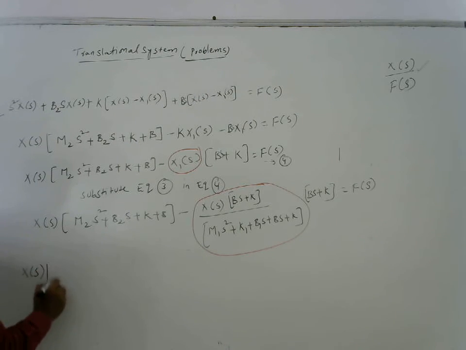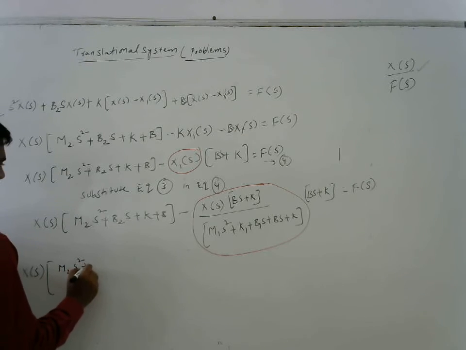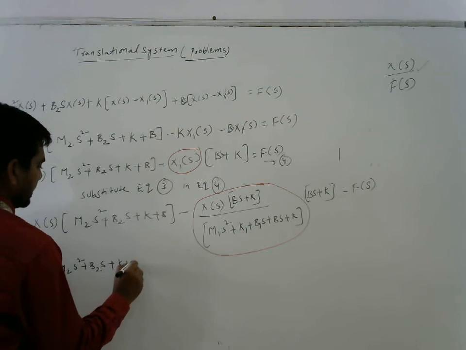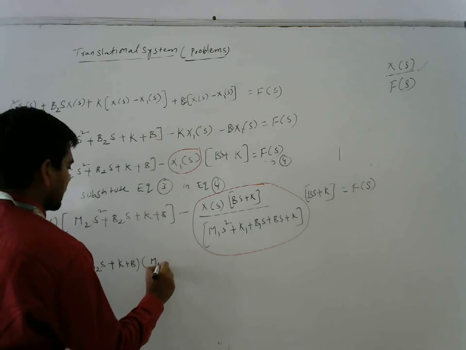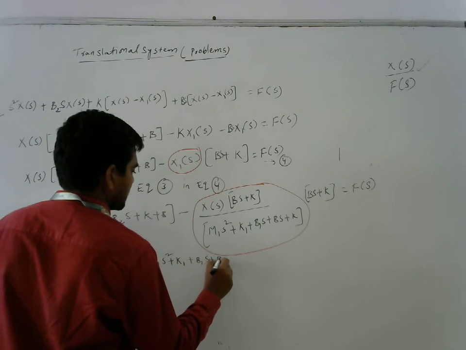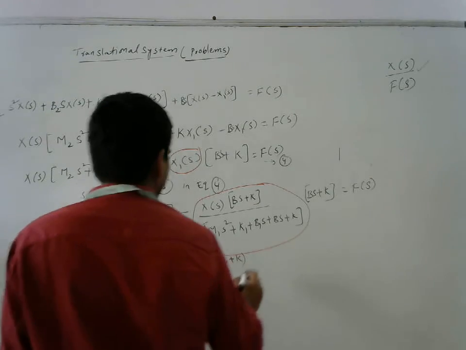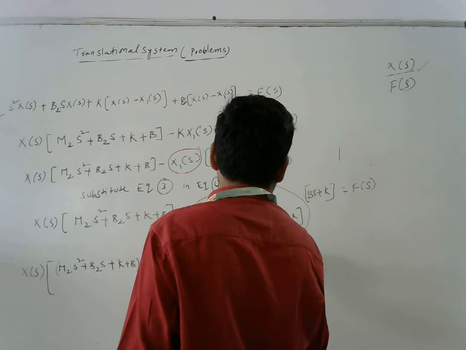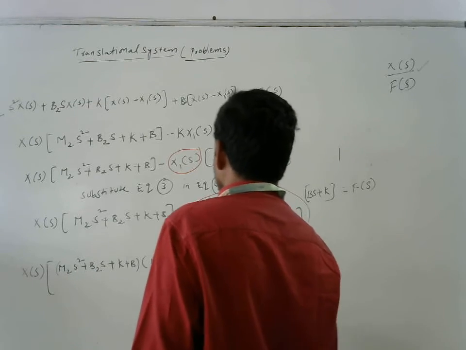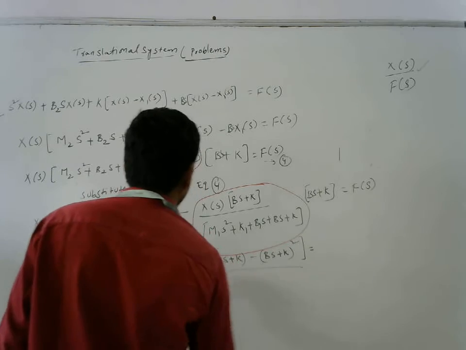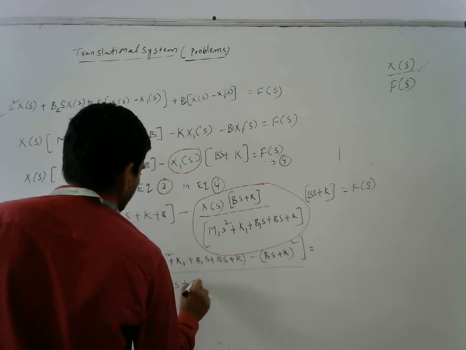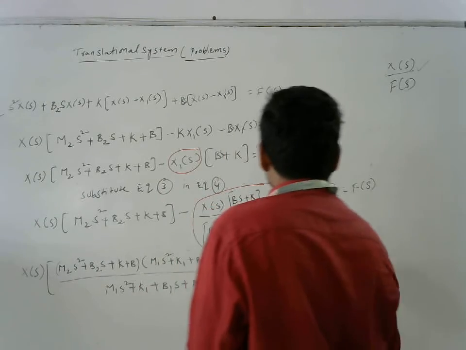Then what you have is m2 s square plus b2s plus k plus b into m1 s square plus k1 plus b1s plus bs plus k minus bs plus k whole square, divided by m1 s square plus k1 plus b1s plus bs plus k, is equal to f of s.